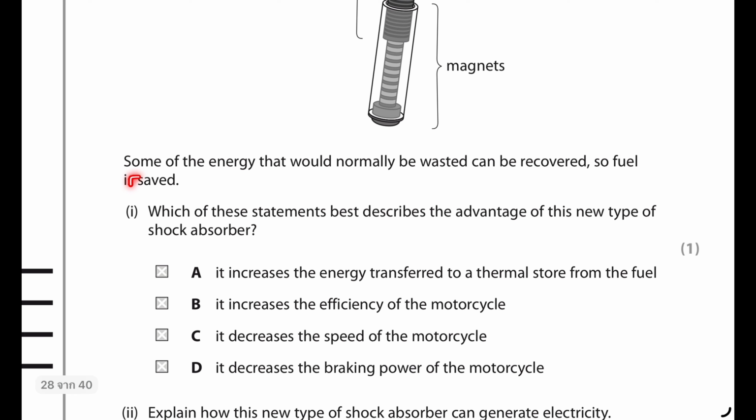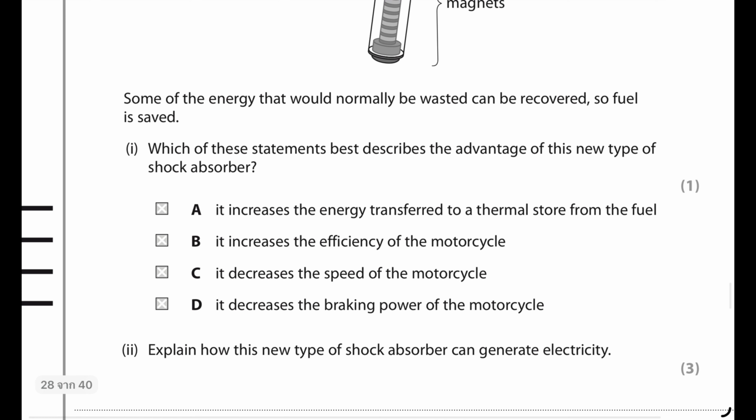So some of the energy that would normally be wasted can be recovered. Question I. Which of these statements best describes the advantage of this new type of shock absorber? Okay, so it will be B. It increases the efficiency of the motorcycle.